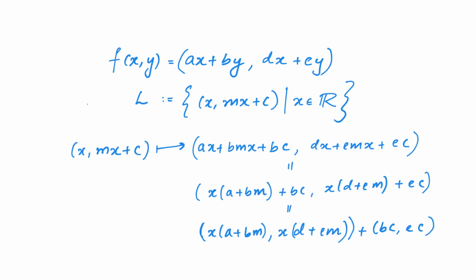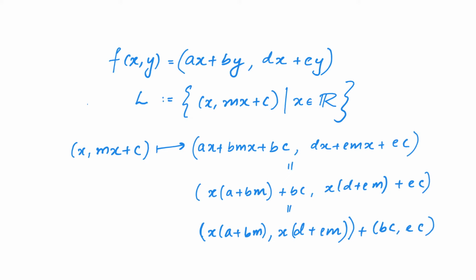Let us now use the homework and the special case that we proved earlier to show that the function f(x, y) equal to (ax + by, dx + ey) takes lines of the form y equal to mx + c to lines or points. How do we see this?